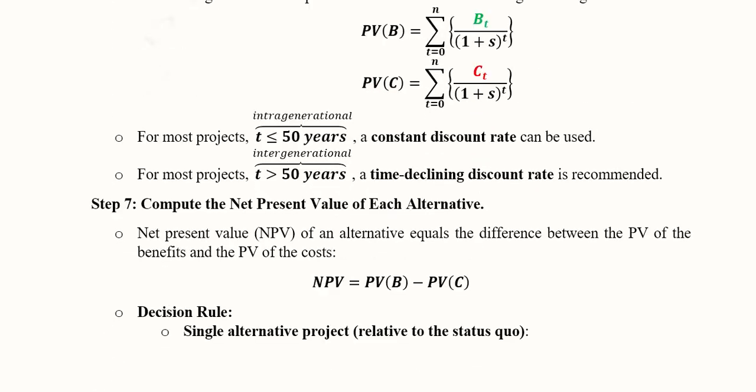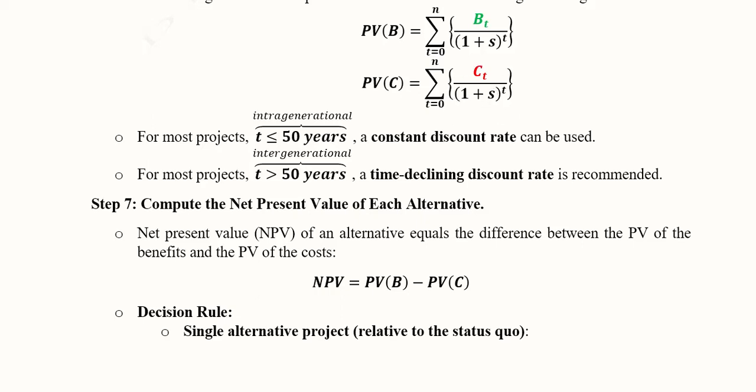Then there is another thing that we need to understand regarding the time span and the discount rate. If the project is spanning less than 50 years, then it is an intra-generational project which is related to one generation. In this situation, we can use a constant discount rate that will remain the same throughout the project.